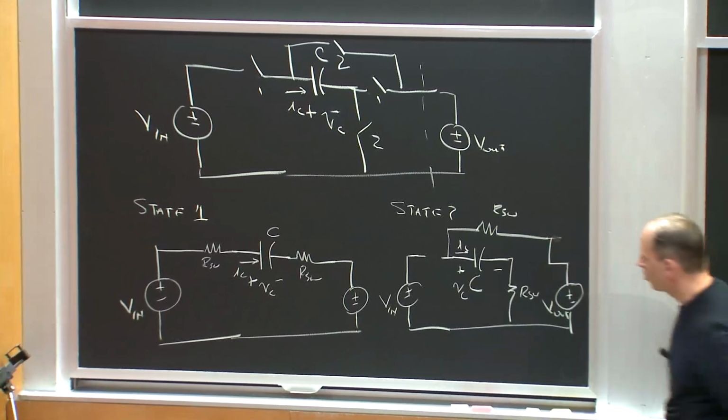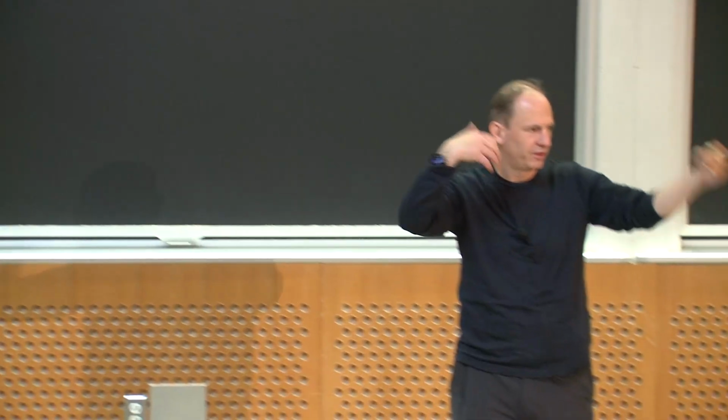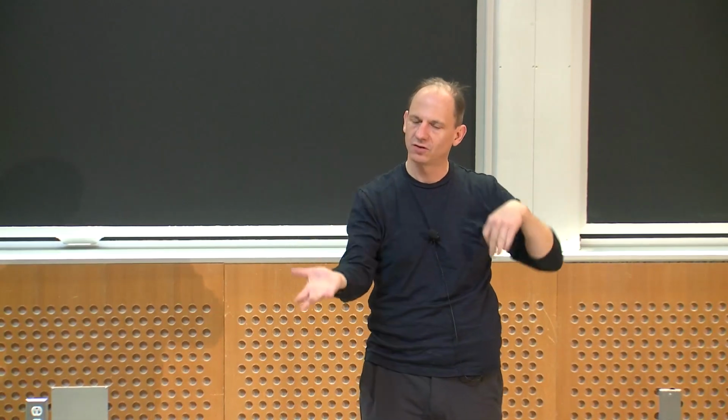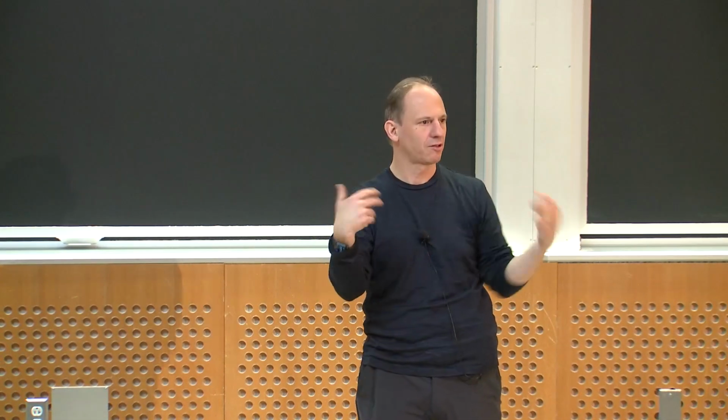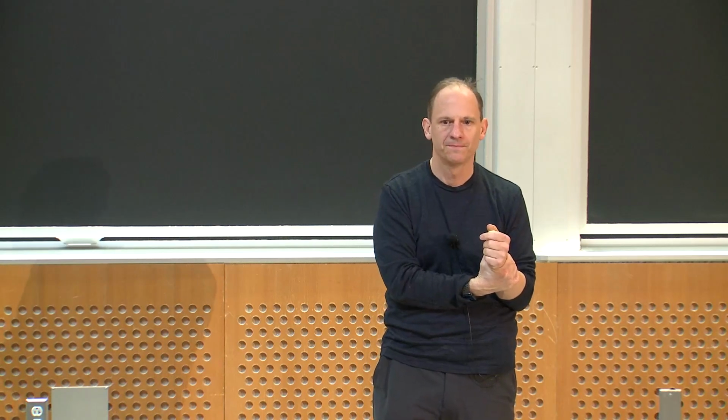Okay? Any questions about the two switch configurations? And let's just, for simplicity, assume I'm going to flop back and forth at 50% duty cycle between these two states. Although we'll see in some cases the duty cycle matters, in some cases it doesn't. All right? Any questions? Yeah.